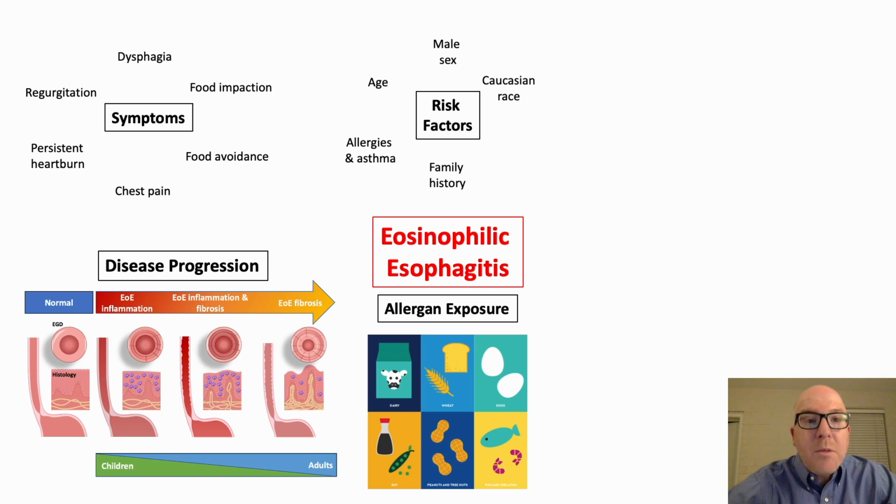And oftentimes patients will be managed alongside an allergist, especially if they've had a history of these other atopic or allergic diatheses. Interestingly, climate and season is something else that we sometimes think about. This disease seems to be diagnosed more frequently in the spring, summer, and fall months compared to winter, and that may speak to aeroallergens as well, but that's when we tend to see it more frequently.